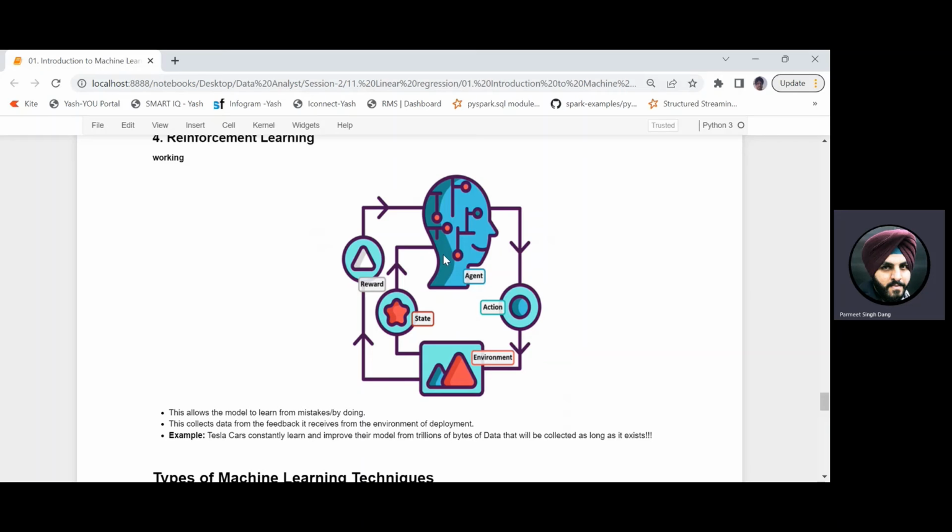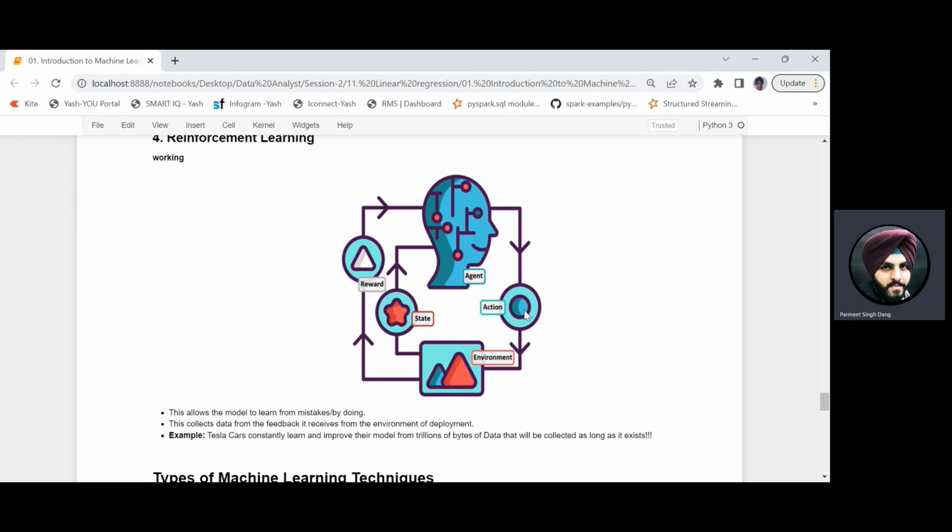It collects the data from the feedback. What feedback are you getting? This is the feedback that you are getting. It receives it in the environment of the deployment, and from that it will identify: if I'm doing correct, then it is a reward. If I'm not doing correct, then it is a penalty. It will give feedback to the environment and it will correct it.